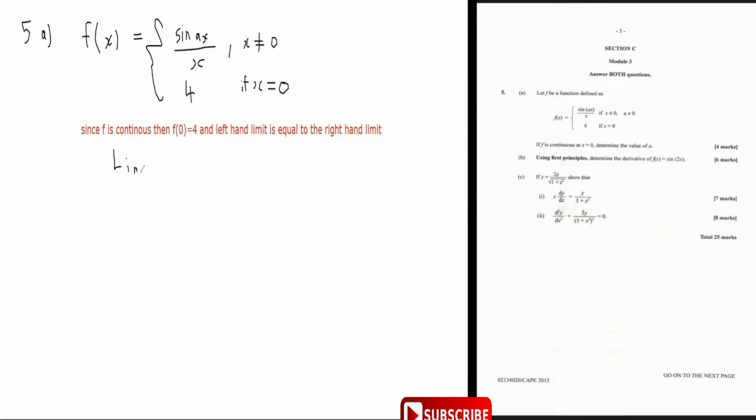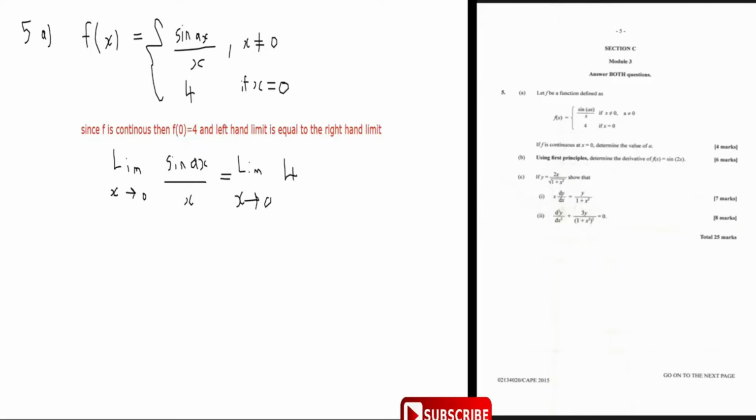So what does that mean? That means we're going to utilize the fact that the limit as x approaches 0 of sine ax over x is equal to the limit as x approaches 0 of 4.